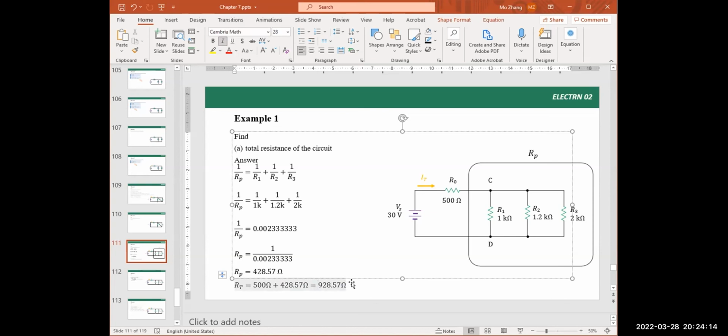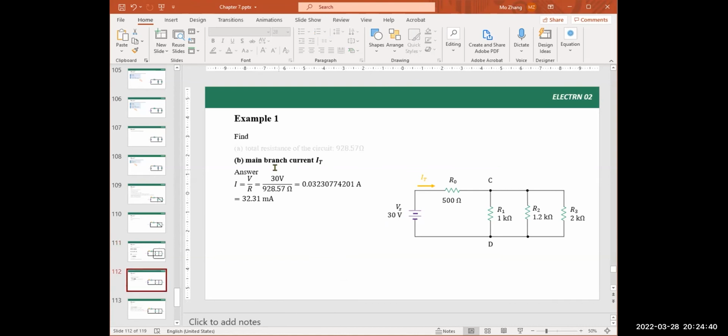Together it is 928.57 ohm. This is the total resistance of the circuit. Any questions here? Okay, and this is question A, finding the total resistance of the circuit.